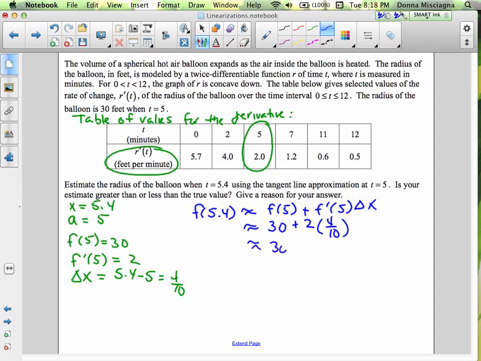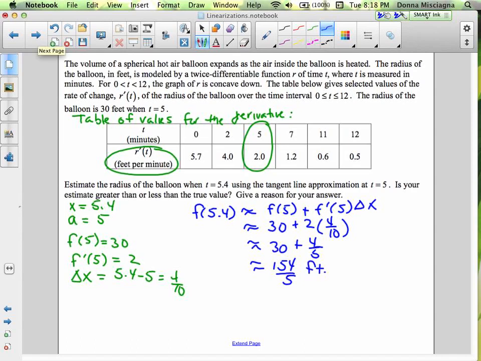We can reduce that to 4/5, right? And 30 is 150. This is going to be 154/5 feet.